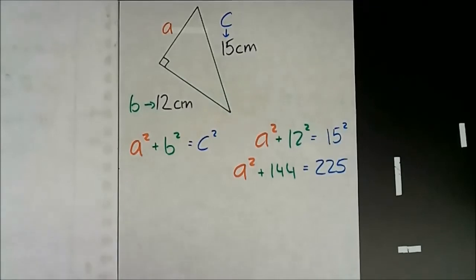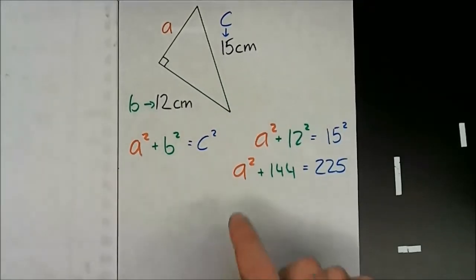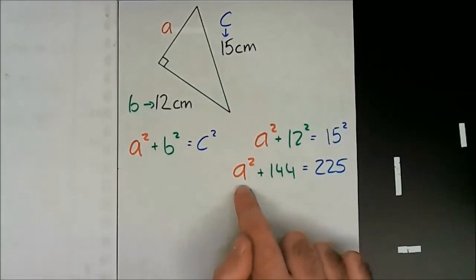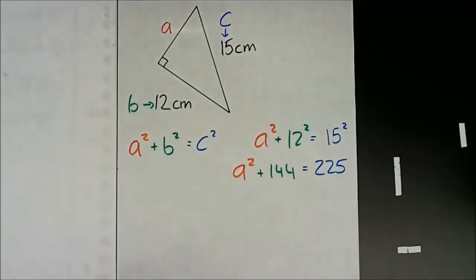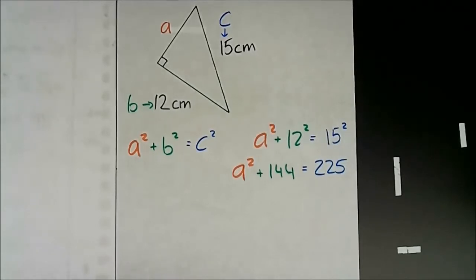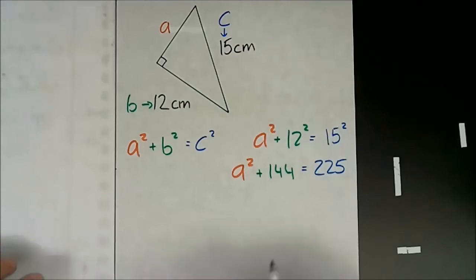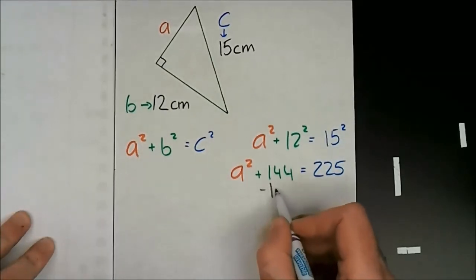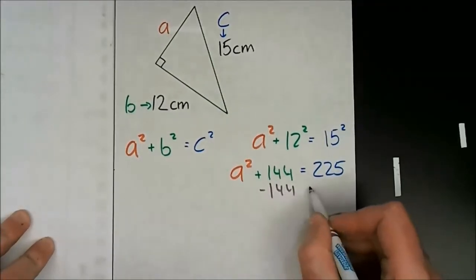All right. Now I need to isolate the variable. I want a squared all alone. I want to get rid of this plus 144. How can I do that? I can of course subtract 144 from both sides.